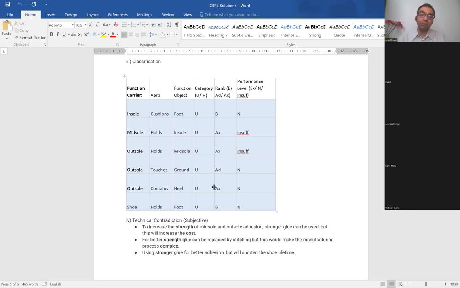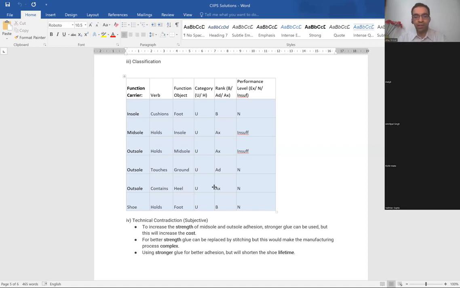But now, since these are both system components, this is an auxiliary function. Outsole holds midsole, useful function. Again, because it is between components of the system, auxiliary function. Outsole touches ground, useful function, and an additional function, because it's a super system component, not a system component.